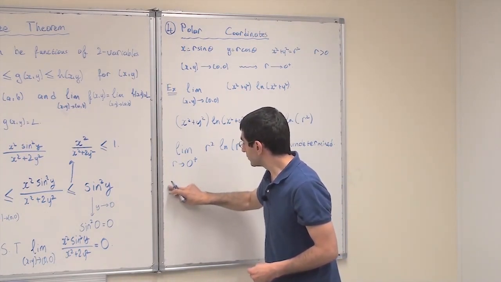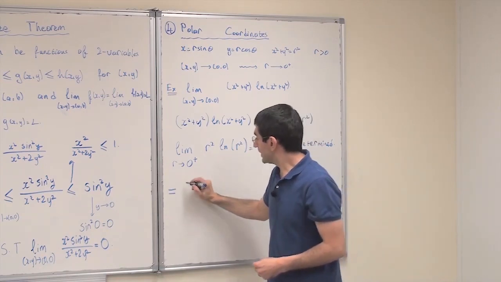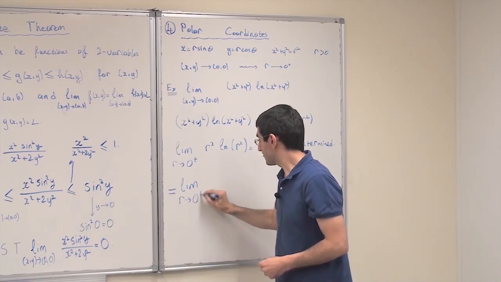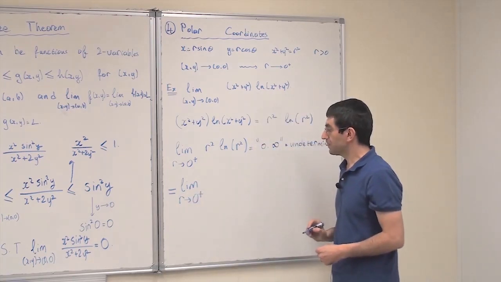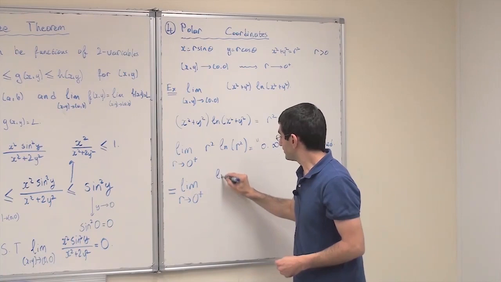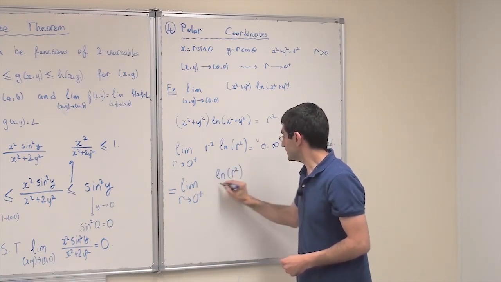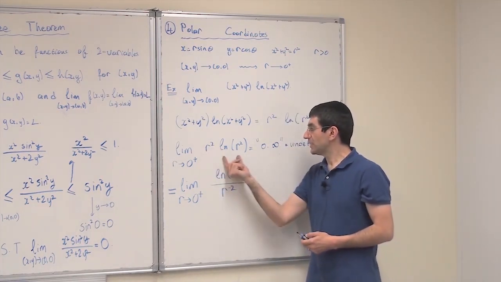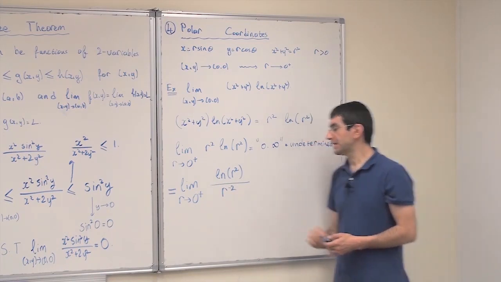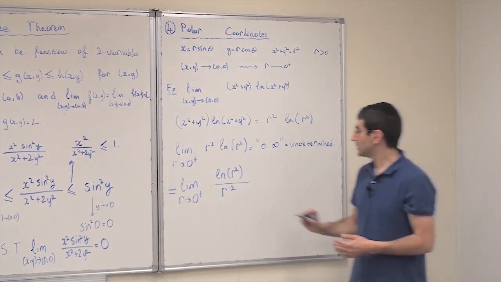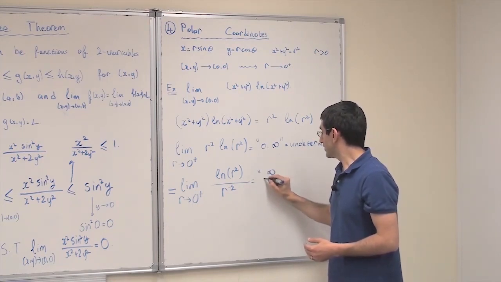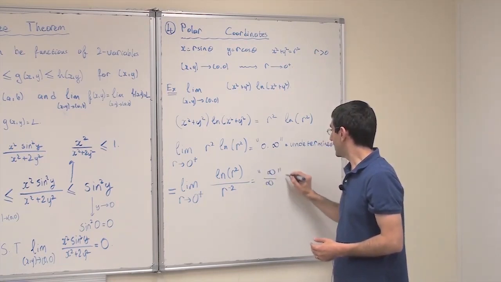But before we use L'Hopital's rule, we have to rewrite this function. So I bring the r squared into the denominator and I negate its power. So now we have an infinity over infinity undetermined form.